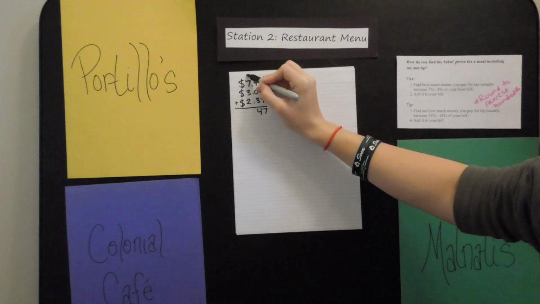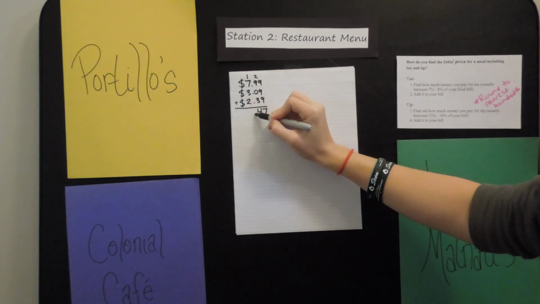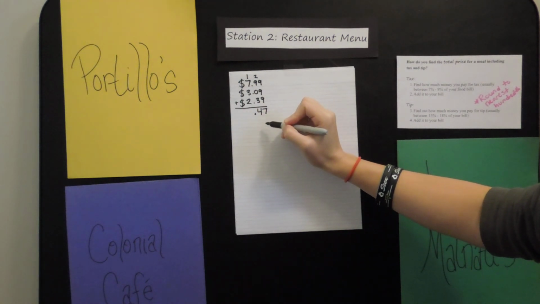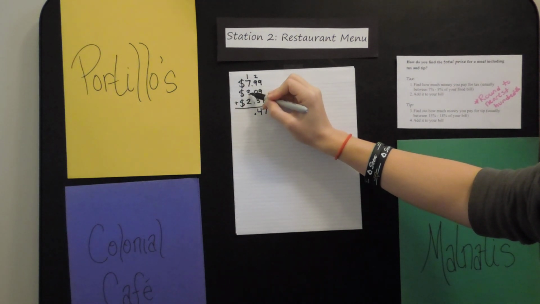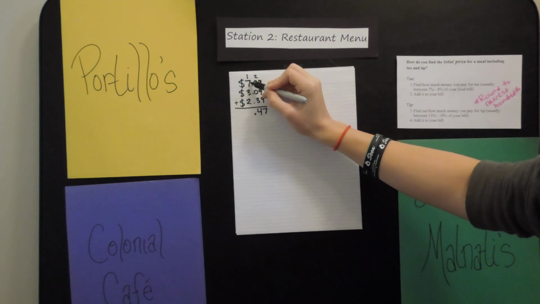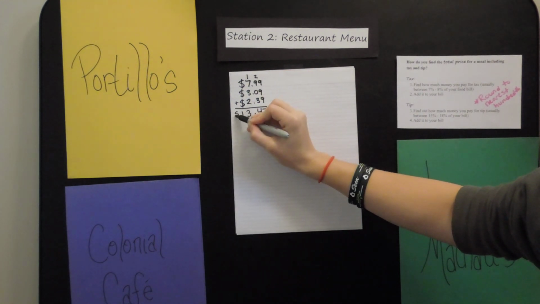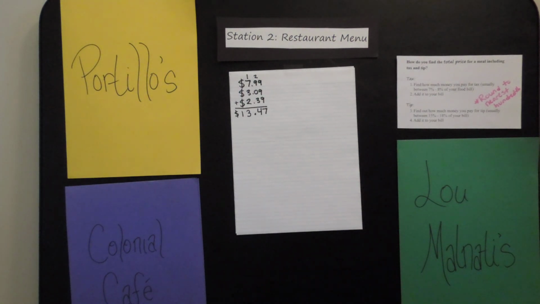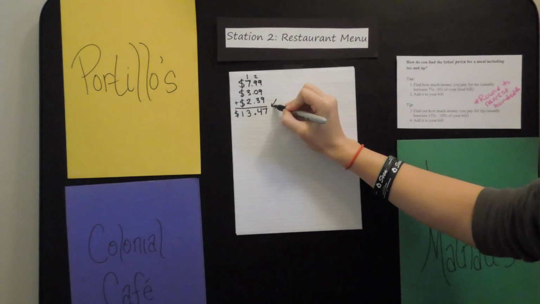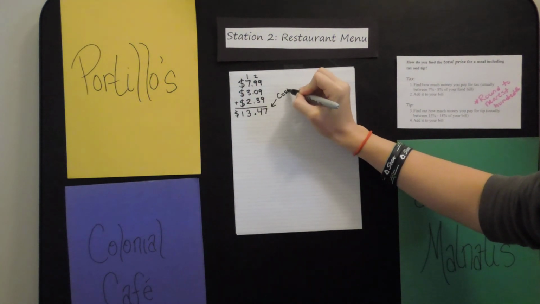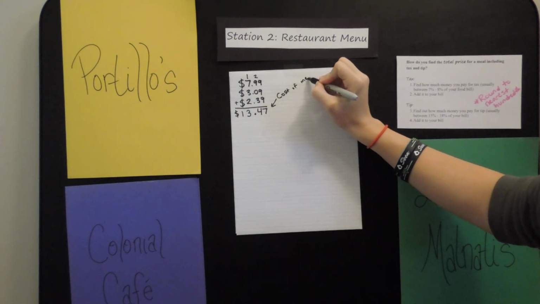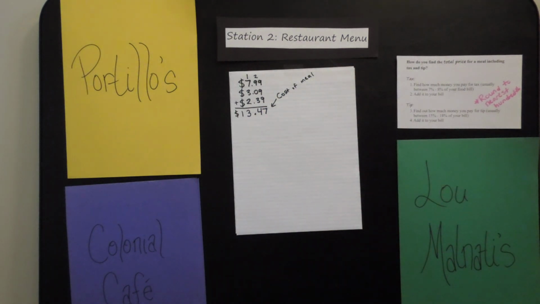So I'll put a 4 here and carry the 1. Our decimal will line up right here. And then we have 2 plus 3, which is 5, plus 7 is 12, plus 1 is 13. So your total bill will be $13.47. Now this is just the total cost of the meal. So I'm going to put cost of meal here to remind us what that is.